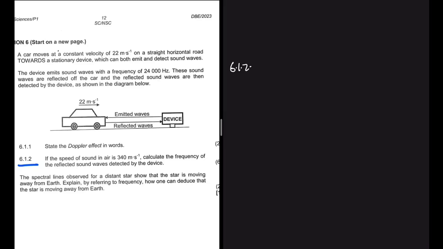So let's do a bit of conceptualization here. Let's put X as our vehicle and put our device somewhere here. The first thing that is going to happen is that our device is emitting a sound wave. Let's just denote that. We have some frequency of the source, Fs, and when it strikes the car, it's no longer Fs.